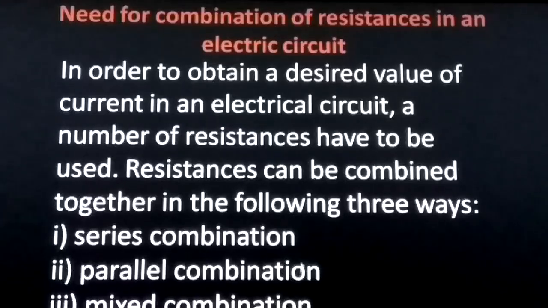So therefore there are 3 types of resistance combinations: series combination, parallel combination and mixed combination. So students, I think you have what is the why we need different combinations of resistance in an electrical circuit.